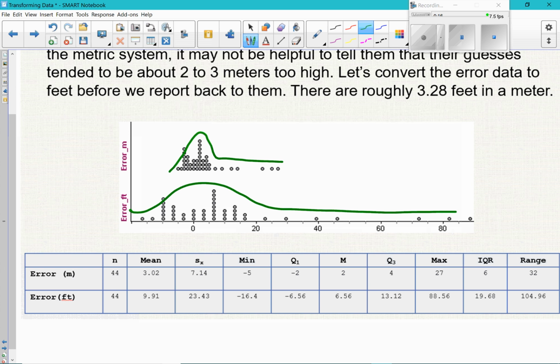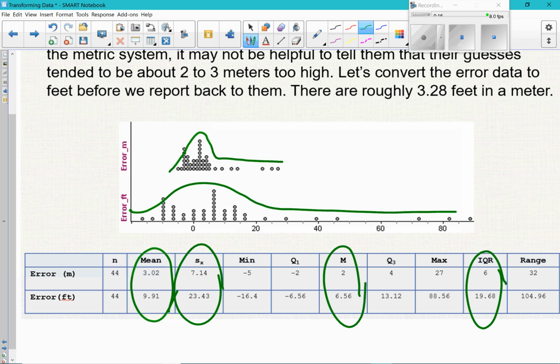It's still going to be that case in both situations, all right? But the spread has definitely decreased if I divided by 3.28. If I started here and multiplied by 3.28, the spread greatly increases as well. In fact, it multiplies by 3.28. Okay. And we can see that with our means, with all of our values, here's our median, we can see that with our IQR and our standard deviation.